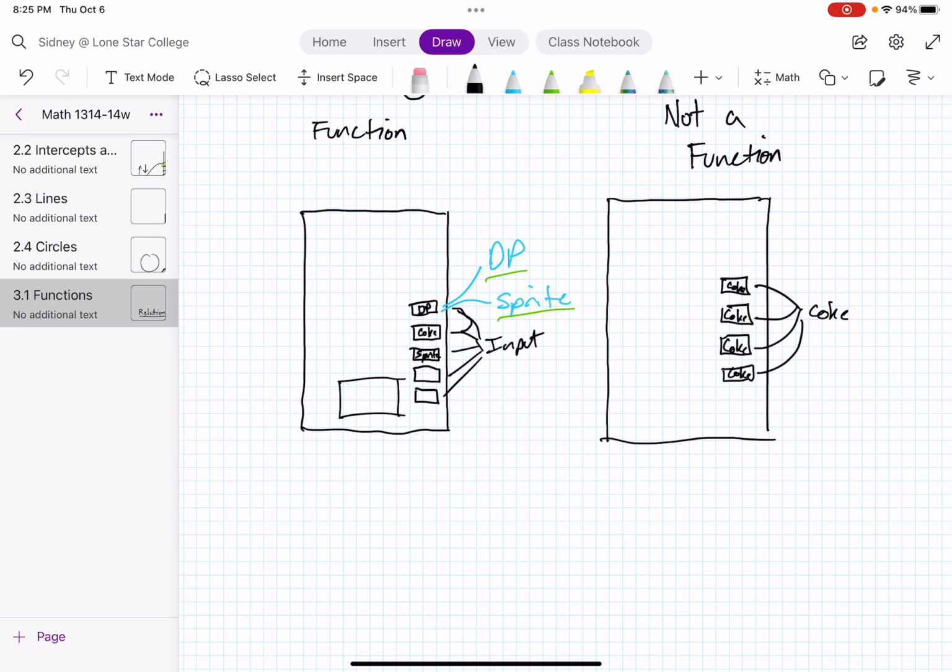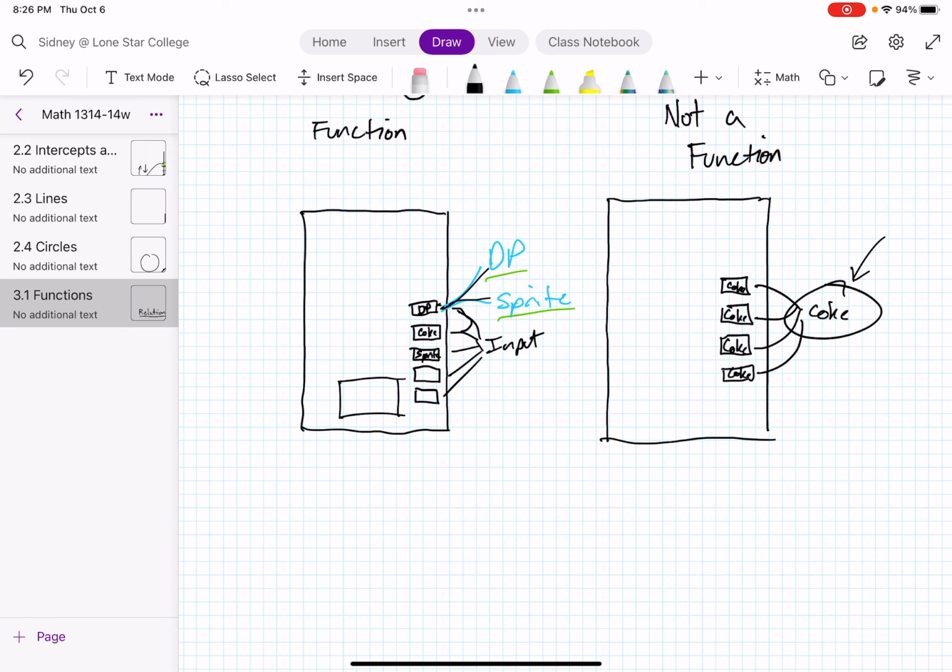First button, Coke. Second button, Coke. Third button, Coke. Fourth button, Coke. It is okay to have the same output repeatedly, so long as each button has the one specific output it's supposed to have. So what I say there is this: we can have the same output over and over and over, but we can't have the same input being used multiple times in a relation.